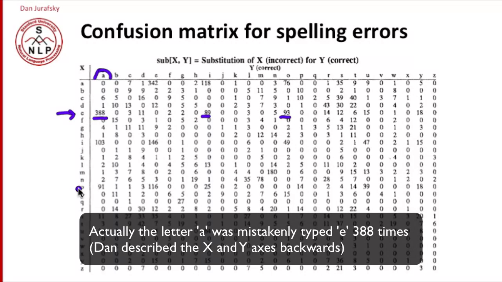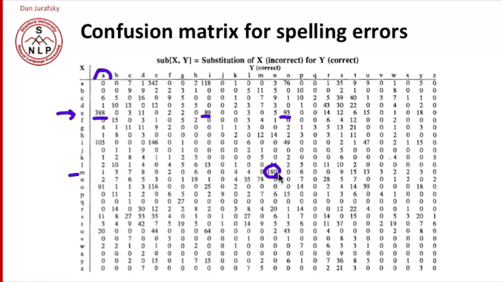Or similarly, the letter M very often gets mistyped as an N. So there's a very high probability of M and N being substituted for each other. They're next to each other on the keyboard, they sound alike, lots of reasons for them to be substituted. So here's our set of confusion matrices, and we compute four of them: one for substitution, one for insertion, one for deletion, and one for transposition.